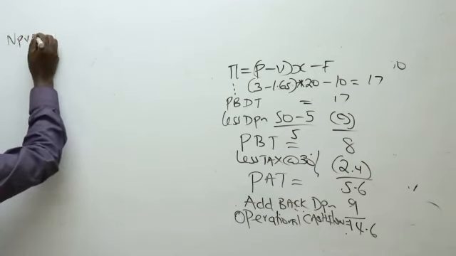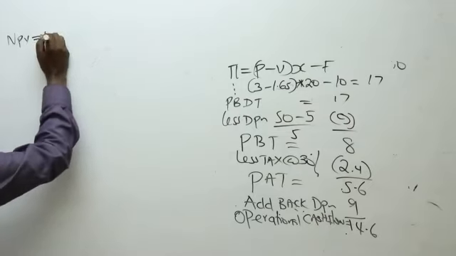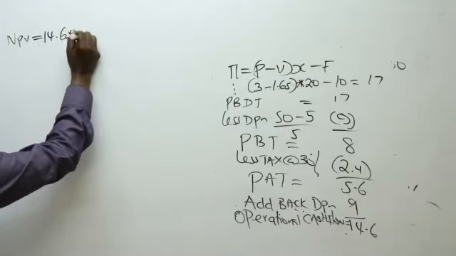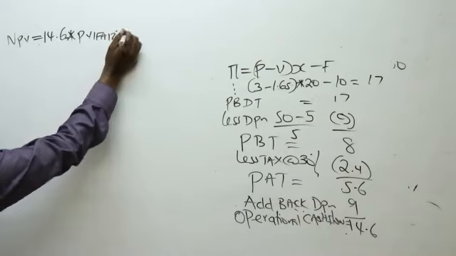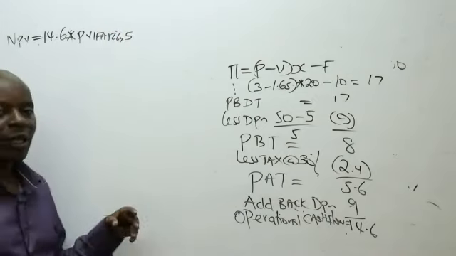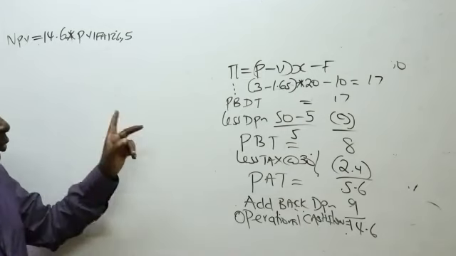So how do we get net present value? We have profit from operations. Operational cash flows are 14.6. So these are annuities. They have to be multiplied with the PV for 12% over the useful life. But don't forget, apart from operational cash flows, we have the terminal. Upon termination, we expect to receive scrap.